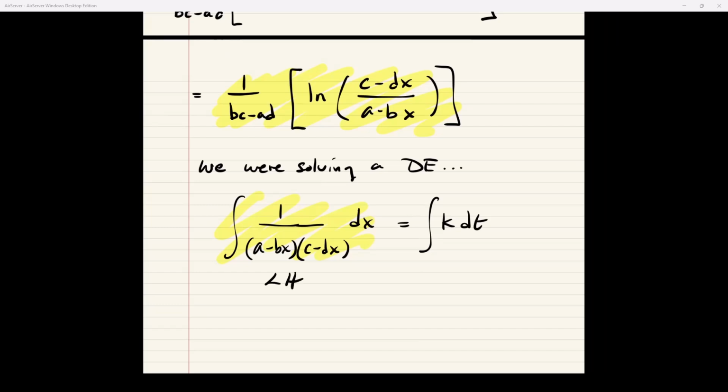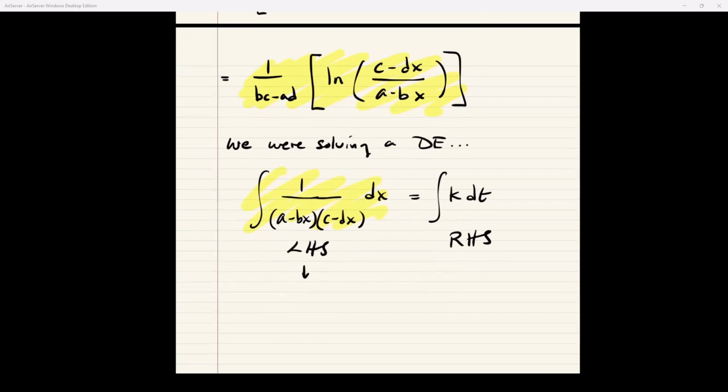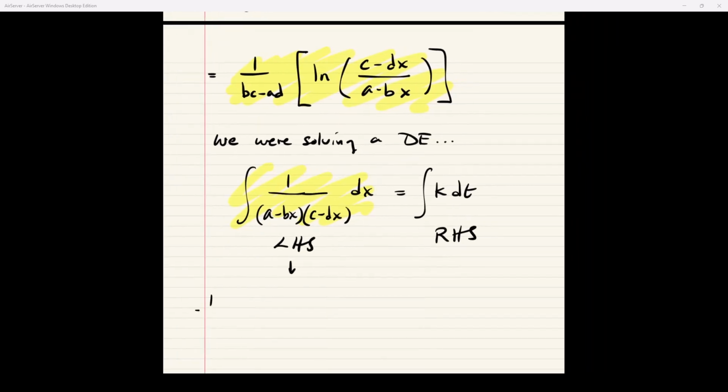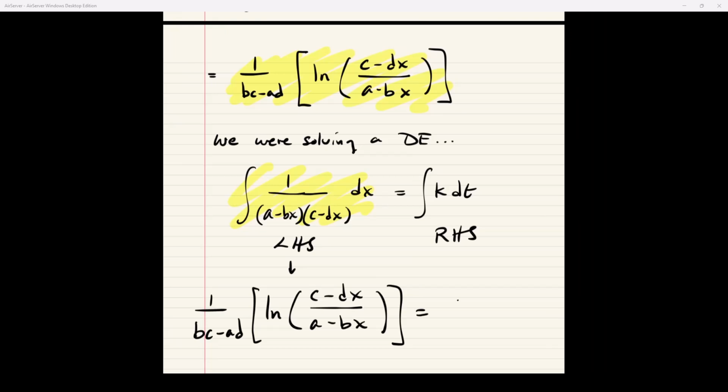If you call that the left-hand side and you call that the right-hand side, the left-hand side is 1 over bc minus ad times the ln of c minus dx over a minus bx. And the right-hand side would be k times t plus some arbitrary constant. I'm going to call it c0 because I don't want to get it confused with the letter c that I have as a parameter. So that's where we are so far.